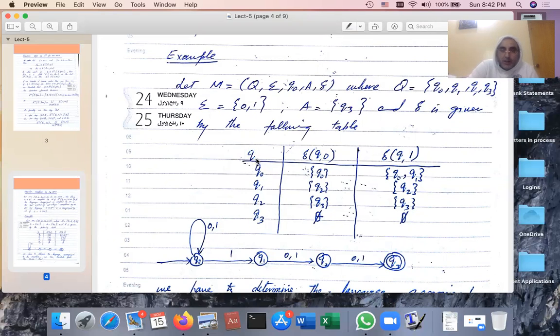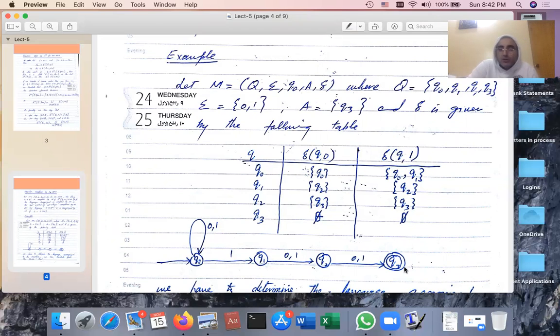Q is for states, and the states are Q0, Q1, Q2, Q3. You can write these states here. And then the first transition from any state Q with input symbol 0, and the transition from any state Q with input symbol 1.